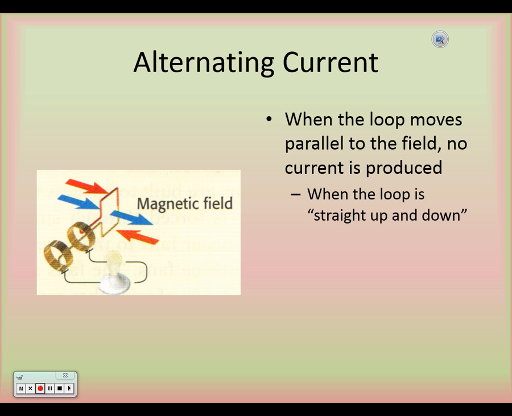Where Libby and Kelly are, Eddie and Megan are moving perpendicular to the field, so they're creating current there. But where Johnny and Kenny are, they're not creating current, so we don't have to have anything there to conduct the current away because they don't have a current. Does that make sense?